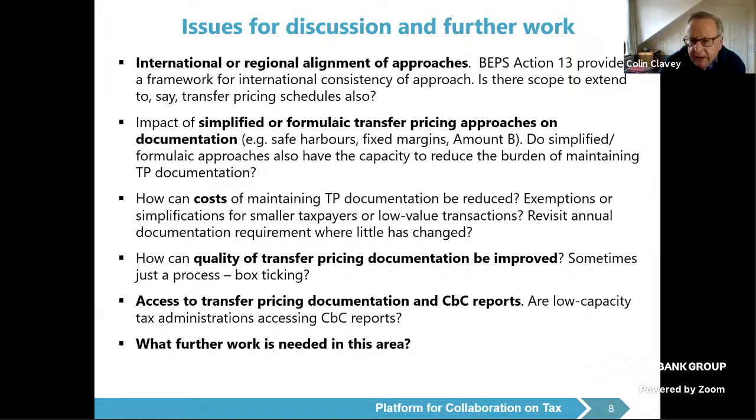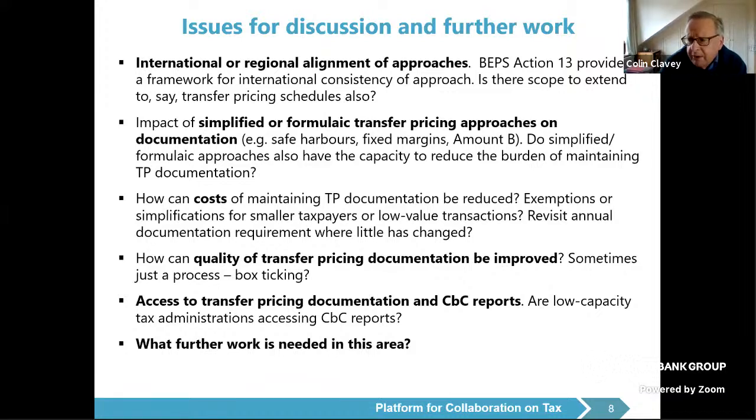But we also have experience of seeing transfer pricing documentation that is just a process, with not a lot of thought given to the selection of the most appropriate method, not a lot of thought given to what is actually going on on the ground, the substance of the transactions, and very quick mechanical searches for comparables.